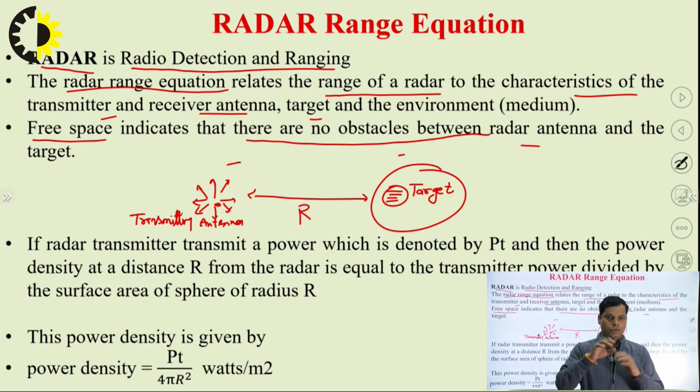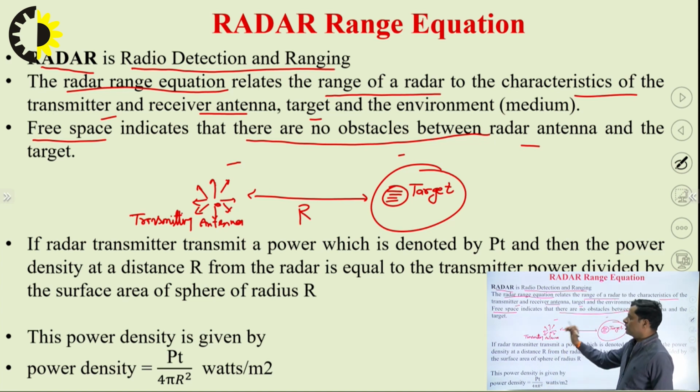On the basis of the study of these contents, we are able to detect the target, so we are using this free space medium. Now let me explain one thing initially: when the signal is transmitted from this transmitting antenna, here we are simply considering an isotropic source right now.